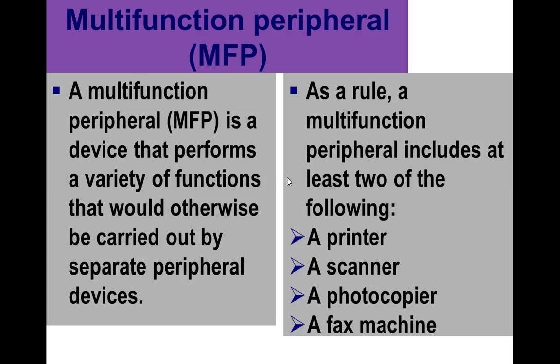You find that you have only one machine performing all these activities. Instead of having separate peripherals or separate external devices connected on your computer, you have one device that can perform very many other activities. That's why as a rule, a multifunction peripheral includes at least two of the following.